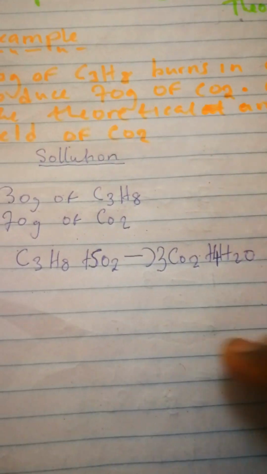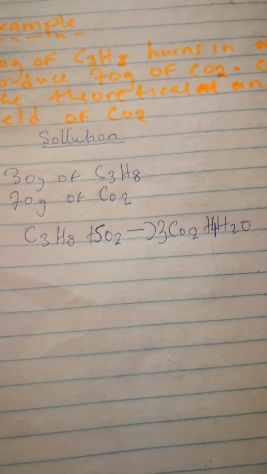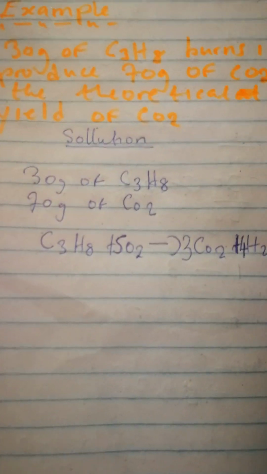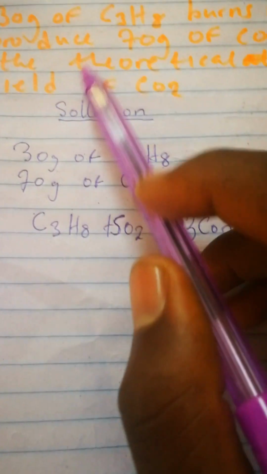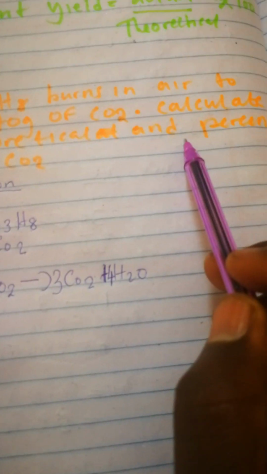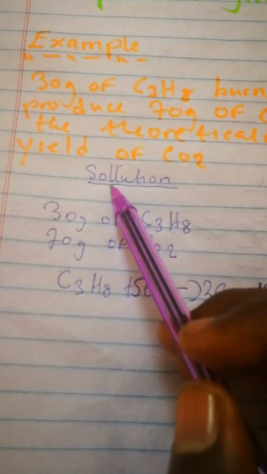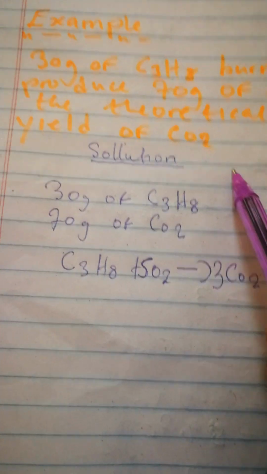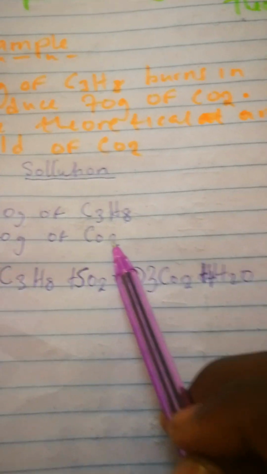Then we calculate the moles. How can we calculate the moles? In the question, they want to find the theoretical and percent yield of CO2. On CO2 they have given us 70 grams of CO2.